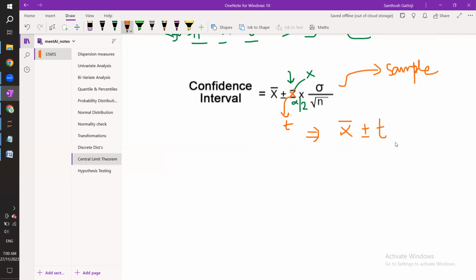As I said, it is degrees of freedom. What is the number of degrees of freedom, and what is the alpha by 2 value at that point? Into this row, which was for population, will now become sample standard deviation.